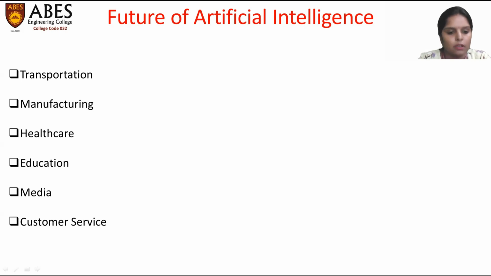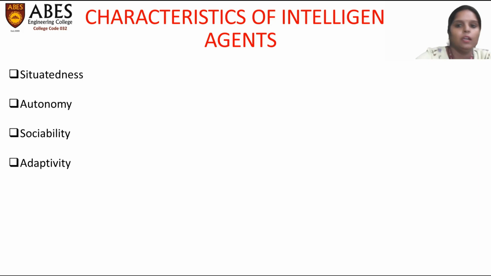Customer service. If you are eating pizza in a pizza shop and ordering, then instead of a person, some robot comes and takes your order. So this is all about the future of artificial intelligence.